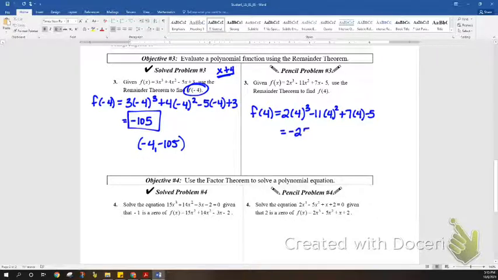And if I did it right, I get -25, which tells me if I did my synthetic division right, in that remainder box I would get a -25. And so let's check that. 2x cubed, -11x squared, 7x, and a -5. I'm trying to make them line up there. Bring down your first one, times the 4, combine them, times the 4, combine them, times the 4, and looky there, combine them, and we did get the negative 25.